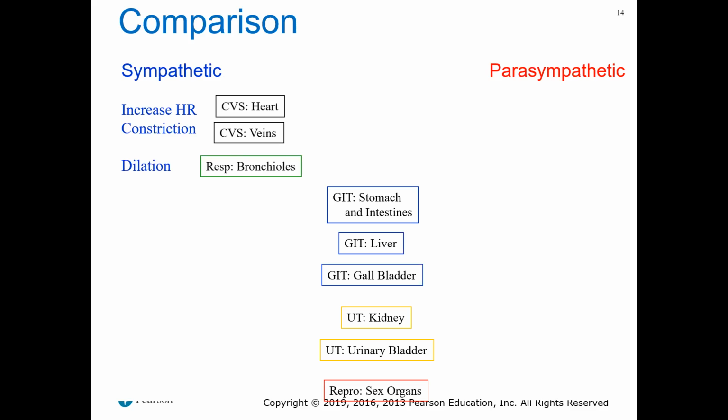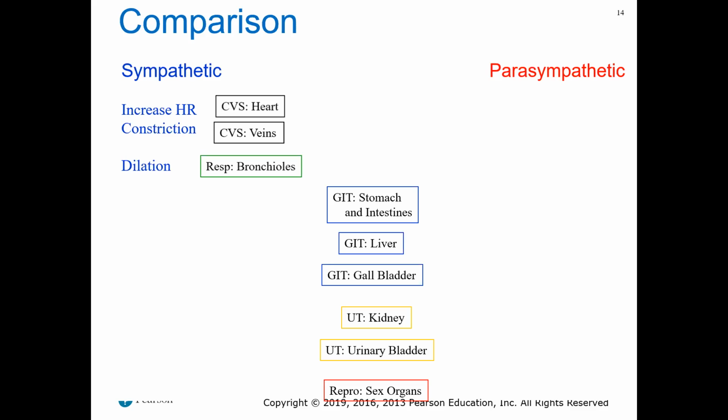Because in a fight or flight response, when you are terrified and you're either going to stand and fight or run away to save your life, you are going to restrict blood flow to organs that don't matter. It doesn't matter what your skin's doing. It doesn't matter what your gut's doing. It doesn't matter what your reproductive organs are doing.